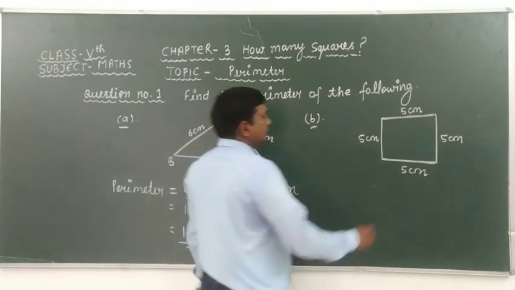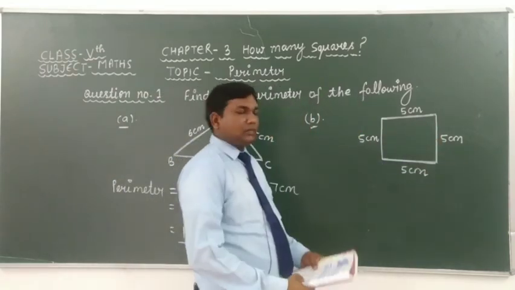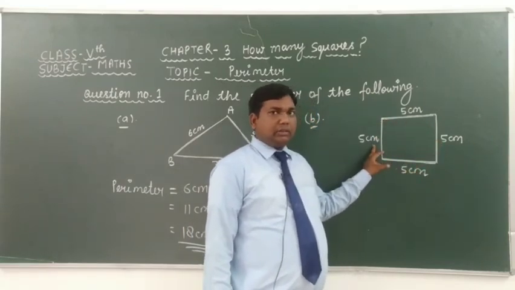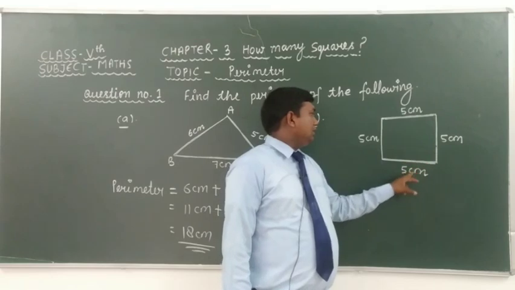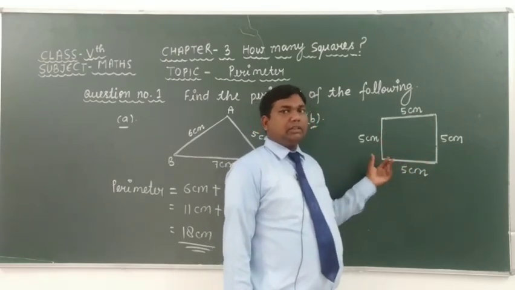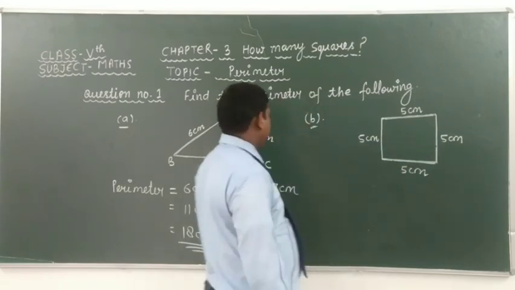Here the given four sides are equal. It means that the length of four sides of this figure is equal. Therefore, this is a square.